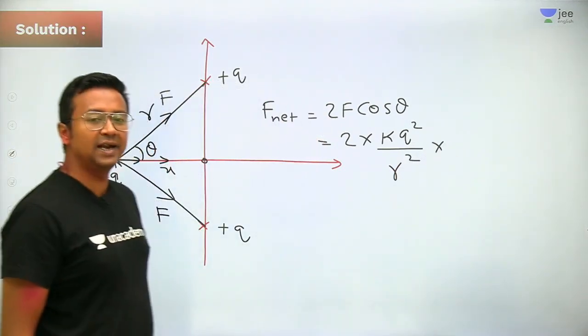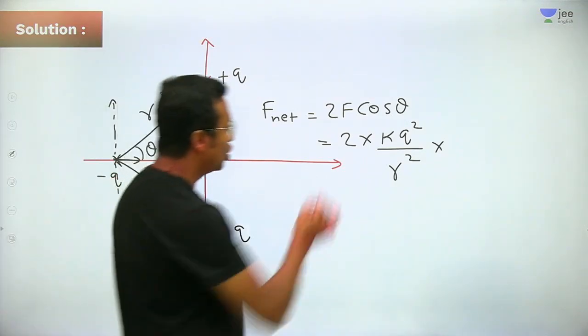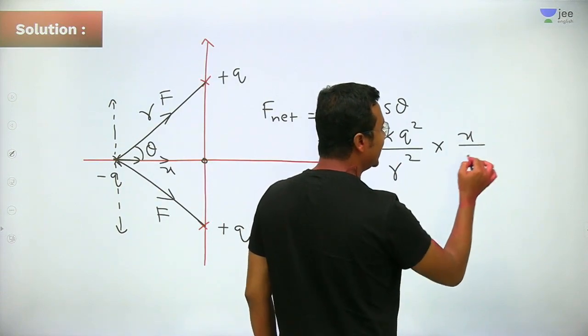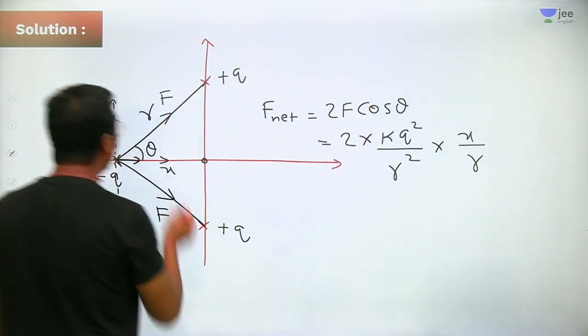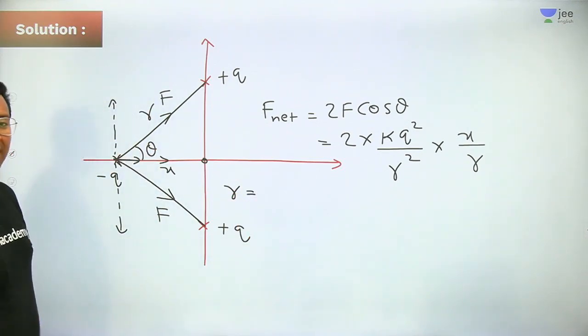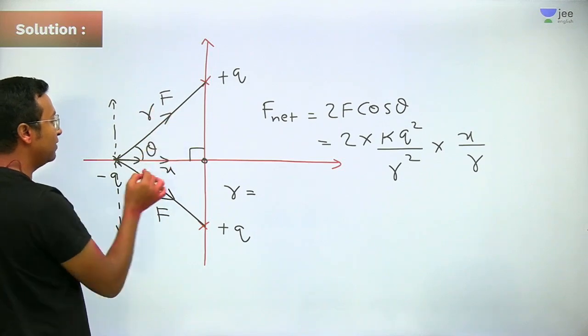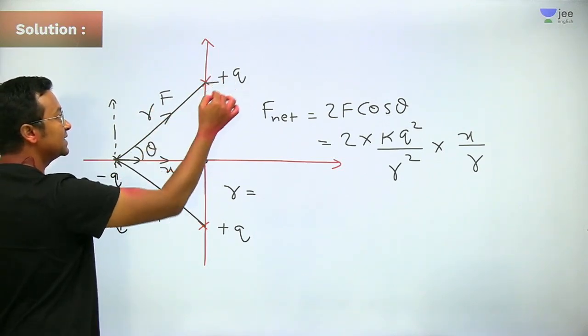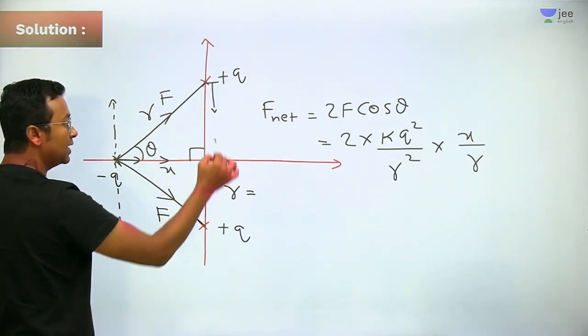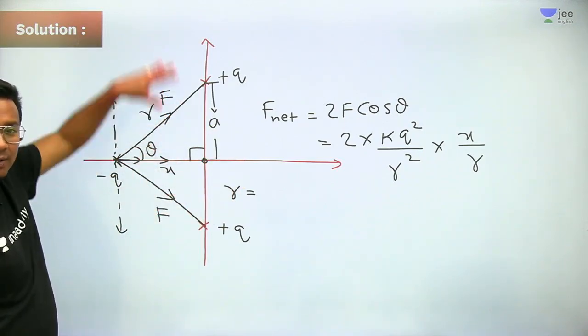And what shall be cos theta? Cos theta, very simple, it will be x divided by r. Cos theta will be x divided by r. Now observe what will be the value of r. What will be the value of r? Pythagoras theorem in this particular triangle. Okay, so r will be root over x square. Let's say this distance from here to here is actually equal to a. All right, they are equidistant, right? They are equidistant.